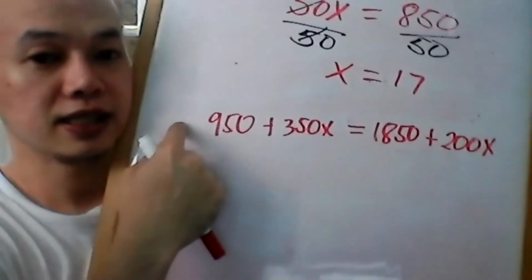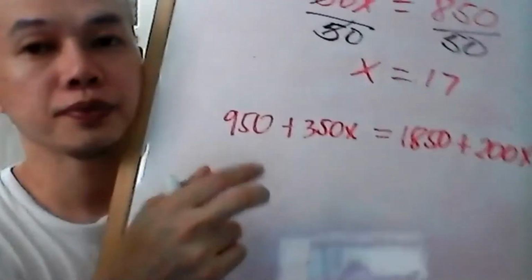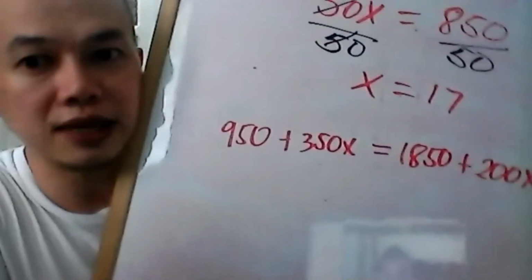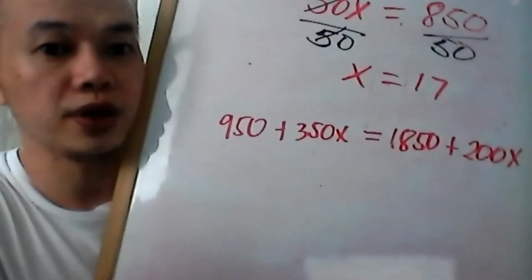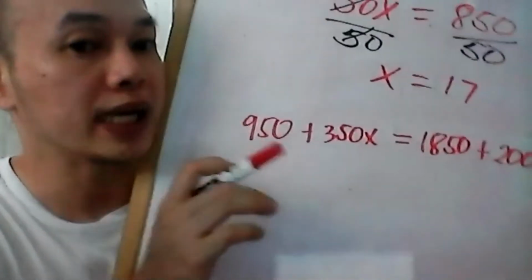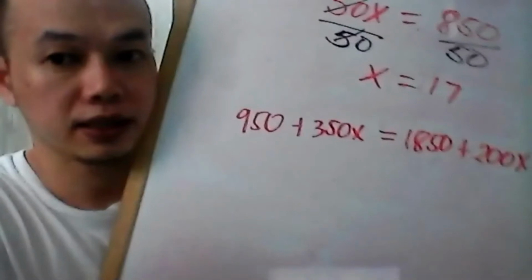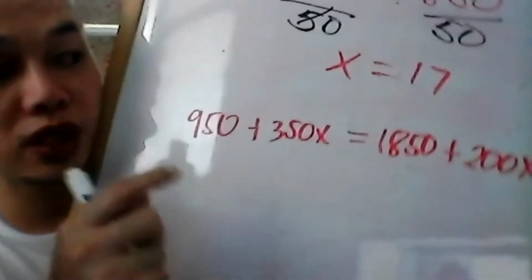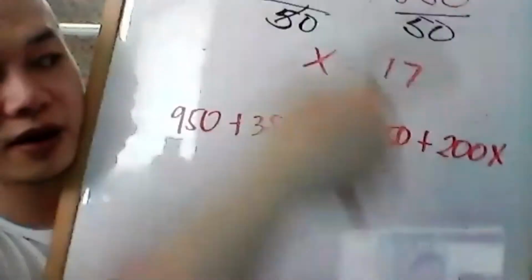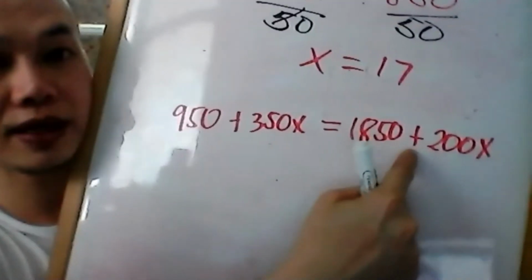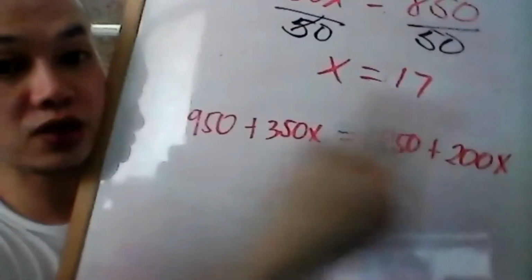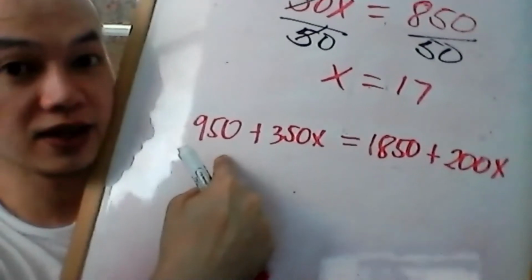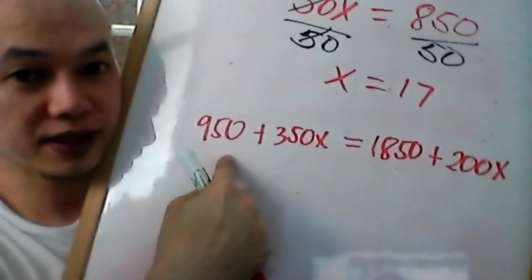This is what we call the reflexive or identity property of equality. Again, transfer 950 there, so minus 950 here, and then transfer 200x here, minus 200x here. Do you understand?